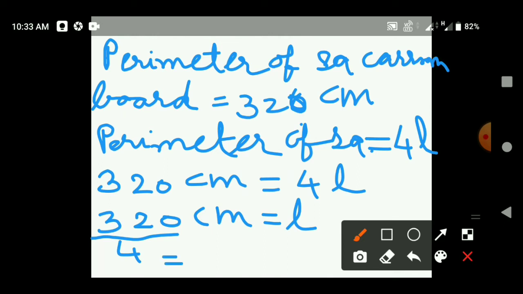If we divide 320 by 4, we will get 80 centimeter is the length of the carom board. Now we got the length of the carom board, so we can find out the area of carom board.